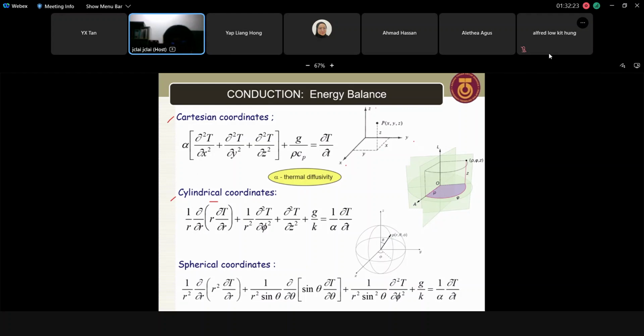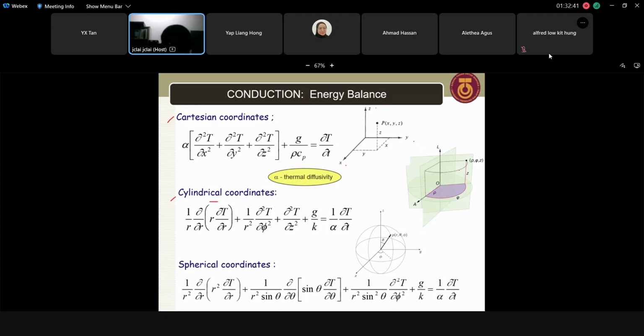Let me explain what all these coordinates are first. This is the cylindrical coordinate system.